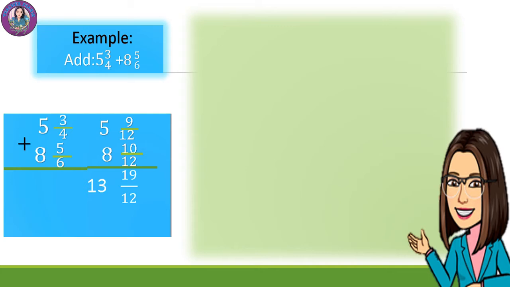So 13 and 19/12 is not yet the final answer. Since the fraction is in improper form, we will simplify it. The answer is 14 and 7/12. Now let's find out how we got the answer. So here are the steps we followed.